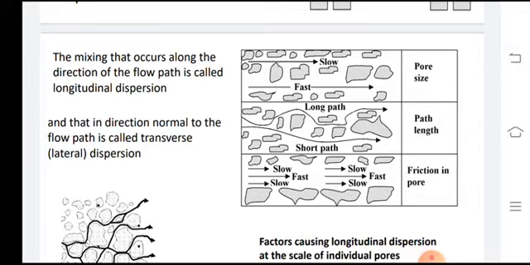The mixing that occurs along the direction of the flow path is called longitudinal dispersion. So when we talk along the length, along the movement, if the contaminant is getting mixed in a particular direction, it will be called longitudinal dispersion.